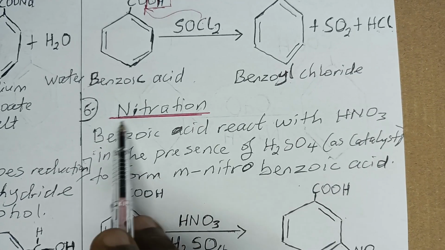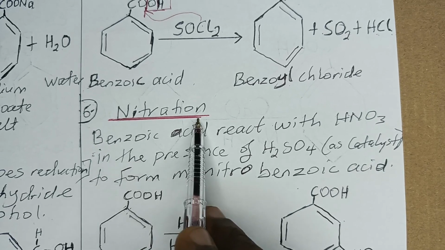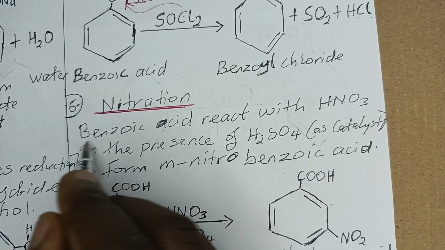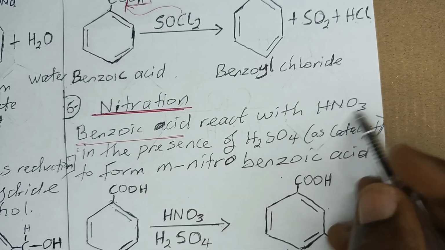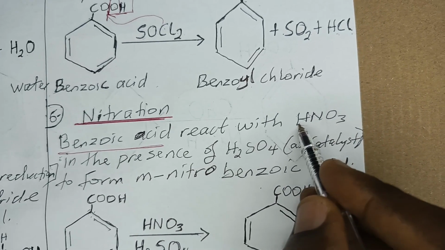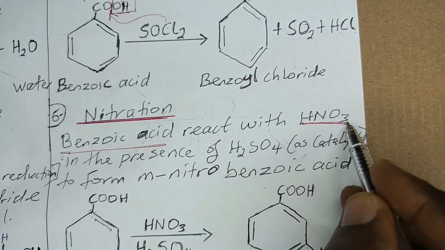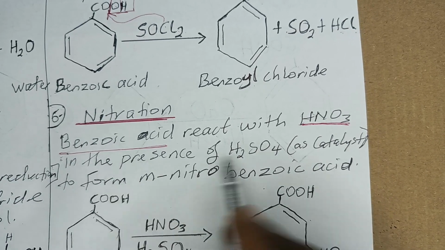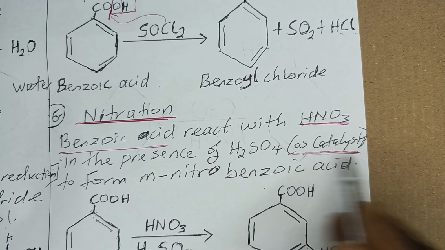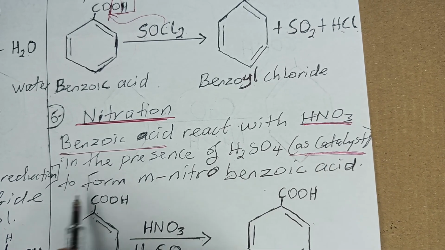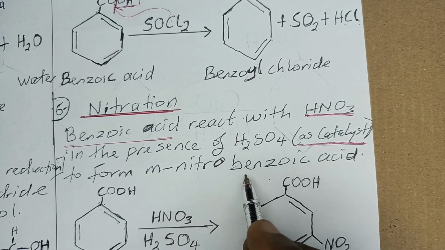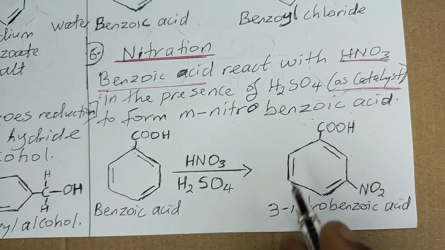Okay. The sixth one is nitration. Benzoic acid, as usual, reacts with HNO3 in the presence of H2SO4 as a catalyst to form m-nitrobenzoic acid.